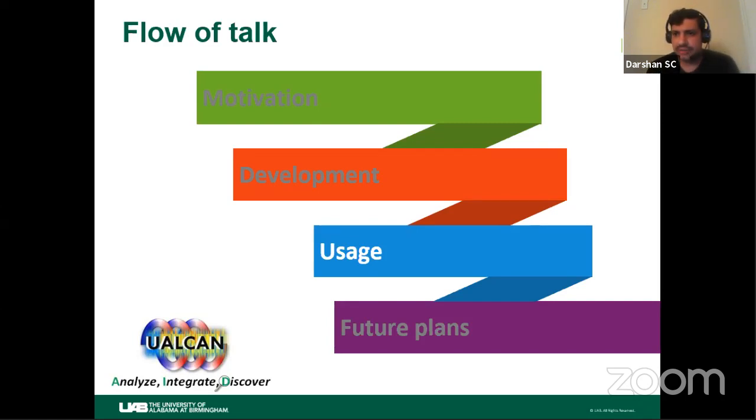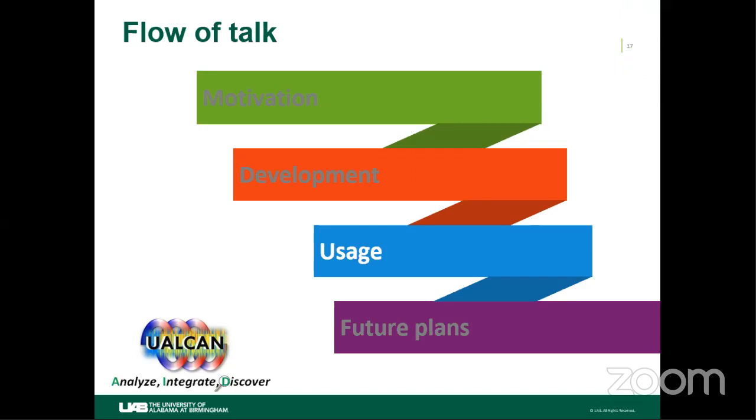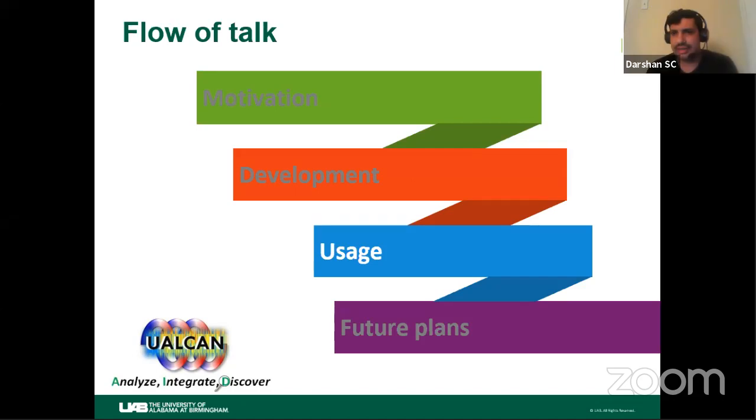Now I'll briefly demonstrate how to use UALCAN. The UALCAN name itself was designed in such a way that my mentor wanted the site to be user friendly, so that all the clinicians at UAB and his friends could easily use the tool.